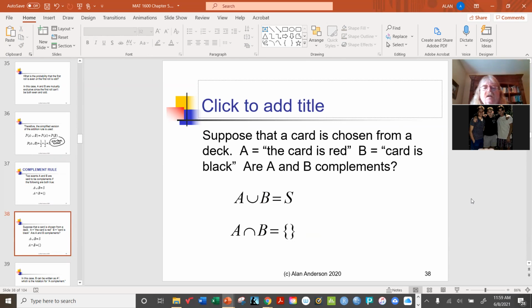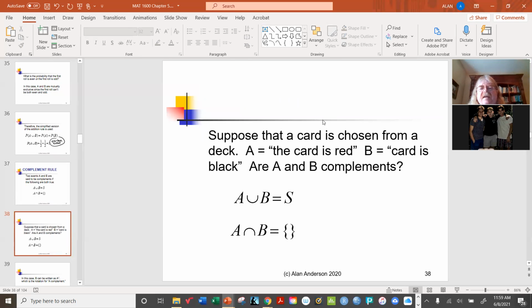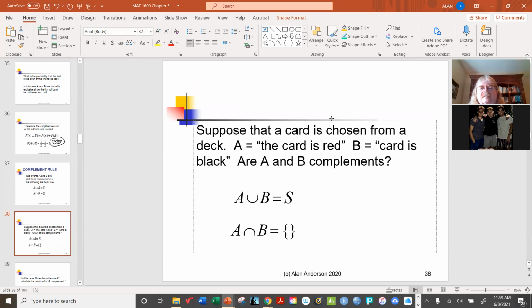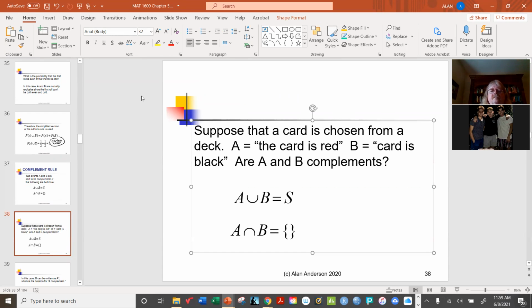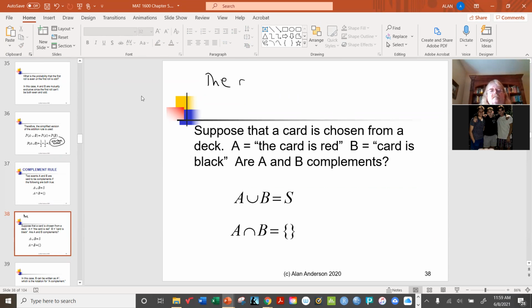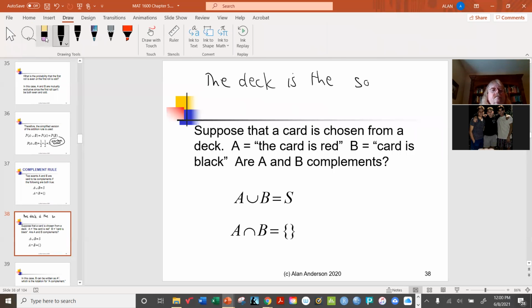By the way, in this case, the deck is the sample space. That's an important detail. The deck is the sample space.